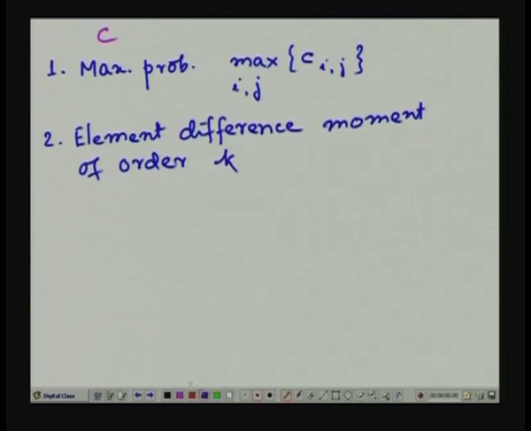And this element difference moment is defined like this: summation over I and j of (I minus j) to the power k times C I j.